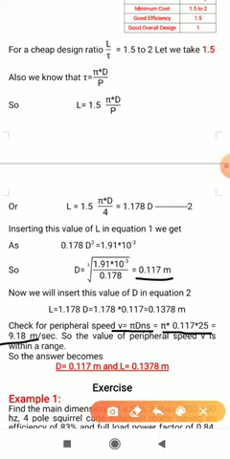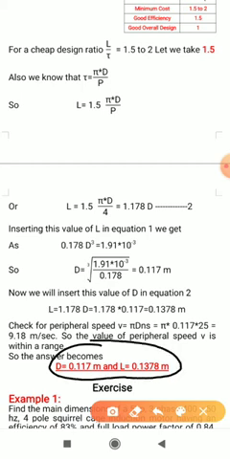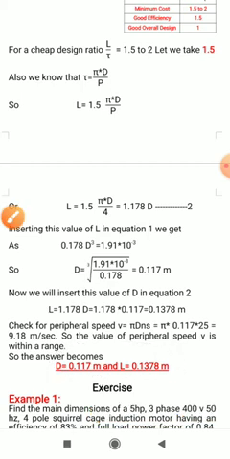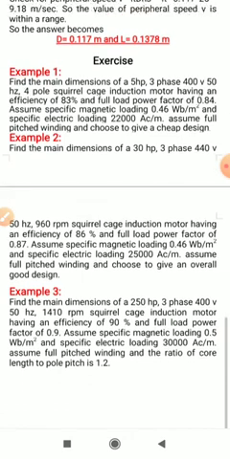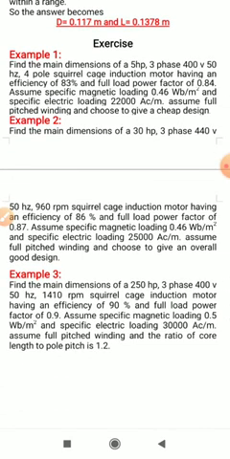So it means you can select these two values for D and L, and the final answer becomes D is equal to 0.117 meter and L is equal to 0.1378 meters.